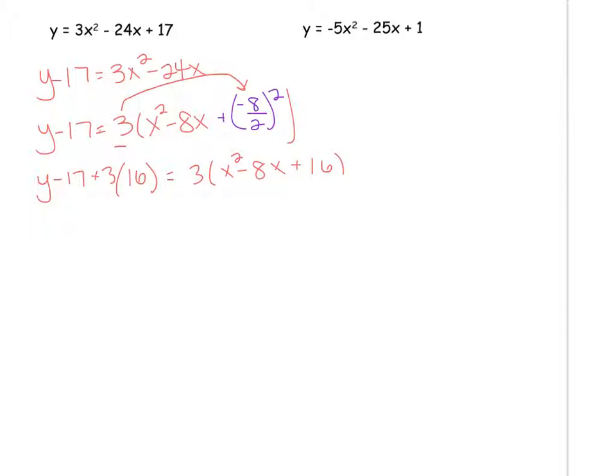Oops, sorry, that's not an equal sign. So 48 minus 17 is 31, and on the right, this factors to (x minus 4) squared. So my vertex, if anyone's asking, is at (4, negative 31).